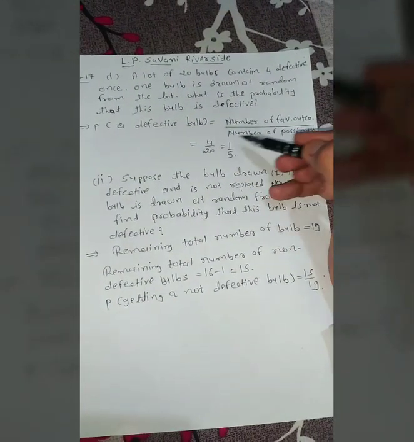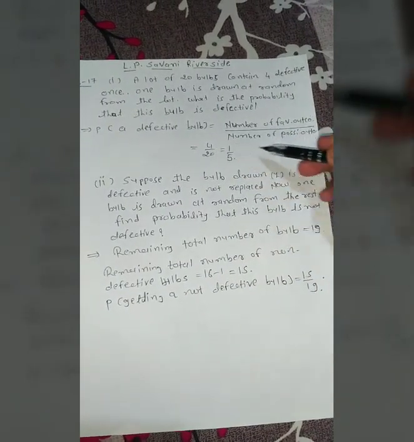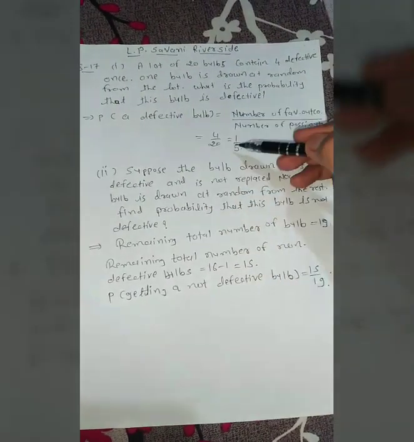So the number of possible outcomes is 20, and I get the probability of a defective bulb equal to 1 upon 5. In this way I can find the probability of defective bulbs.